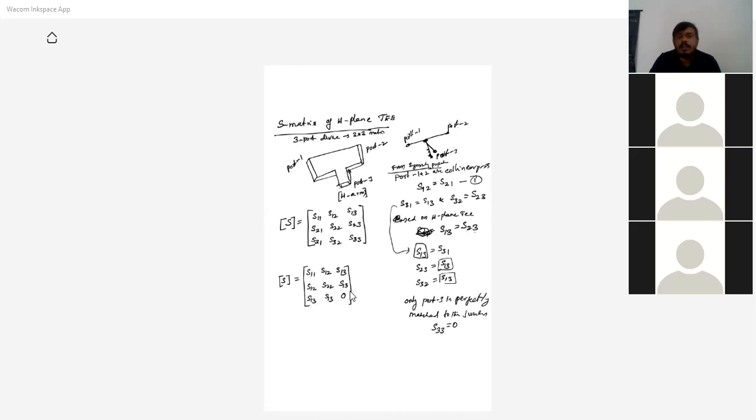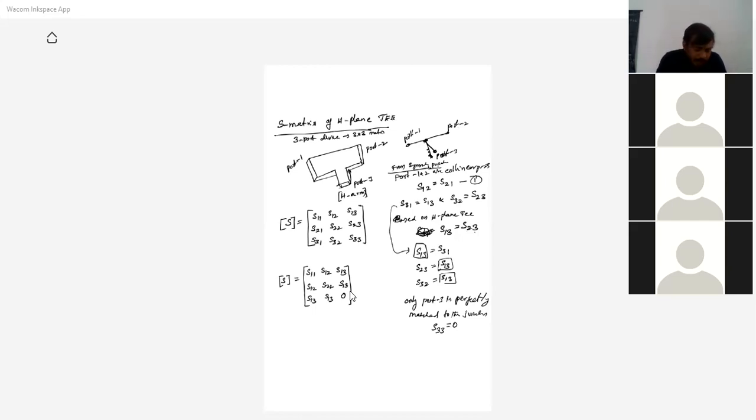Now this is the modified matrix after applying the properties of the H plane T. Now, by taking the matrix properties, we can simplify this and find the values of the S parameters.